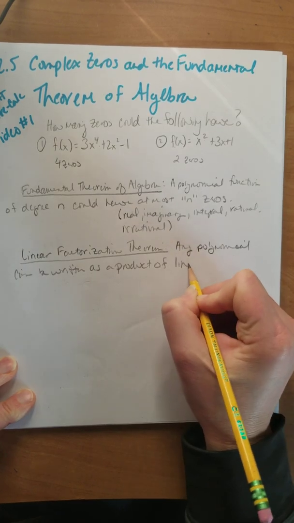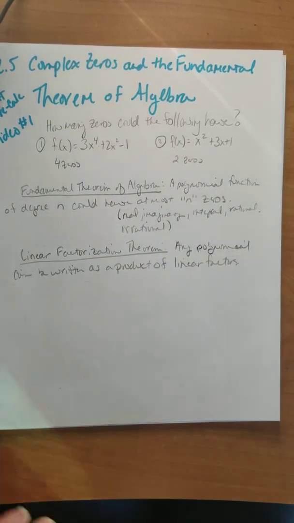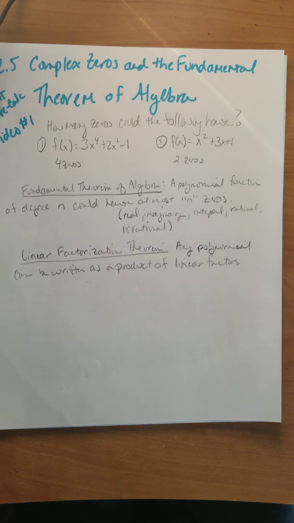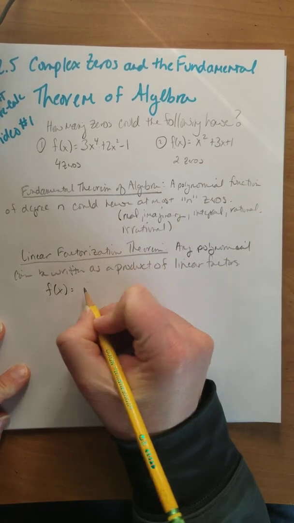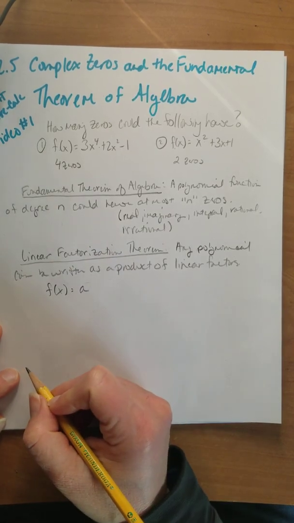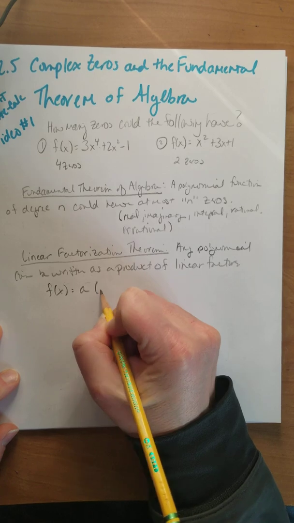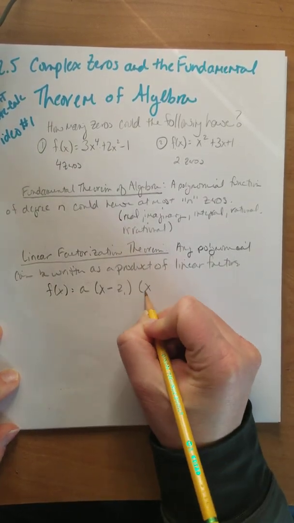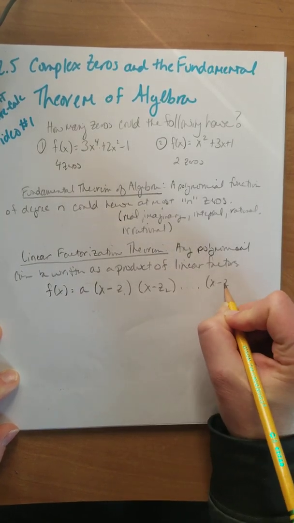And I'm going to say linear factors. Now, even if we have something squared, we can actually come up with what those linear factors are going to be. So this is kind of the math way of defining it. You'd have your a, which could be your vertical stretch or vertical compression. And this would be x minus z sub 1, x minus z sub 2, all the way down to x minus z sub n.